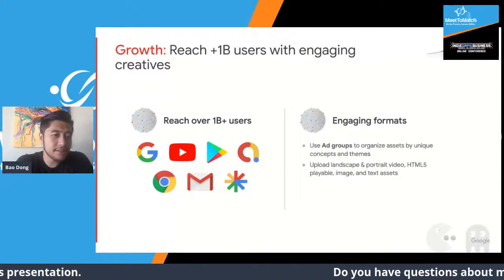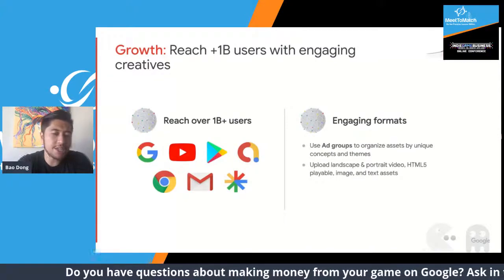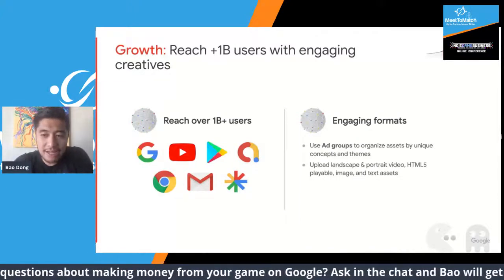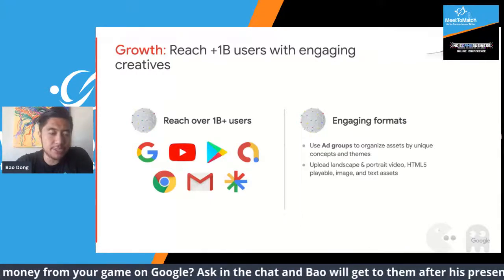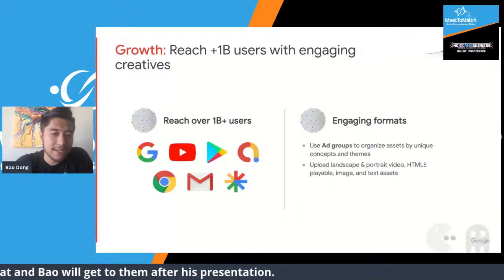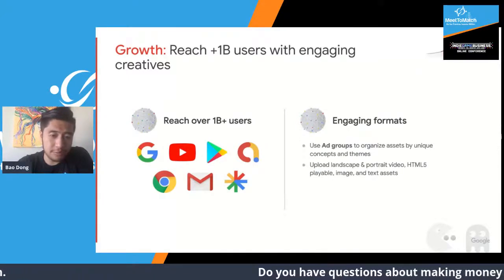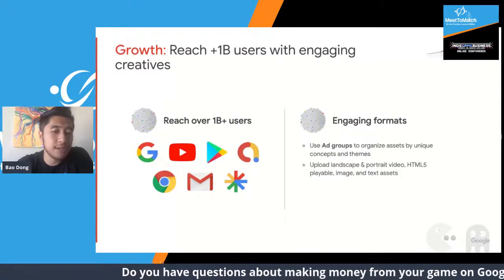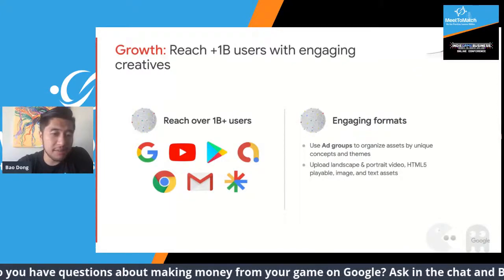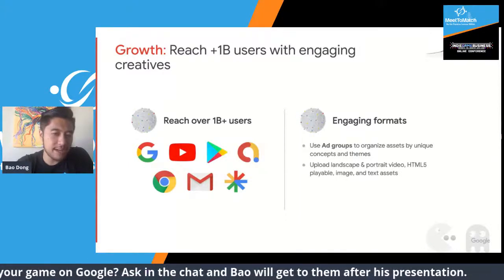The other thing that Google App Campaigns will be able to help you do is utilize all the engaging ad assets and ad formats you have and use them in a campaign to make sure that the right ad asset is being served to the right user at the right time. And that's why one of the key features of Google App Campaigns, called ad groups, is really fantastic, because it allows you to organize your assets in specific concepts and themes and segments of how you want to make sure your message is landing across.